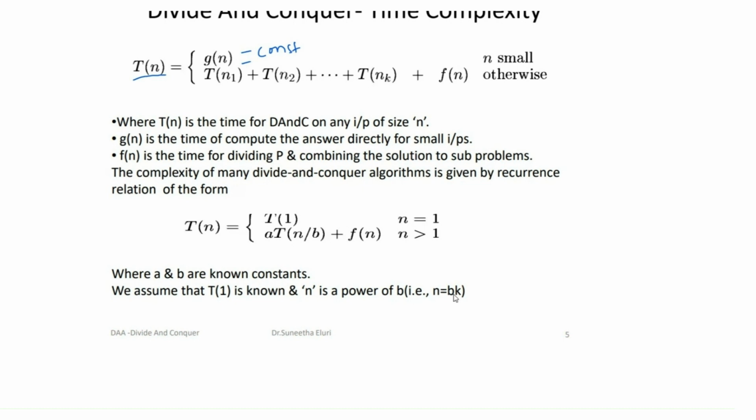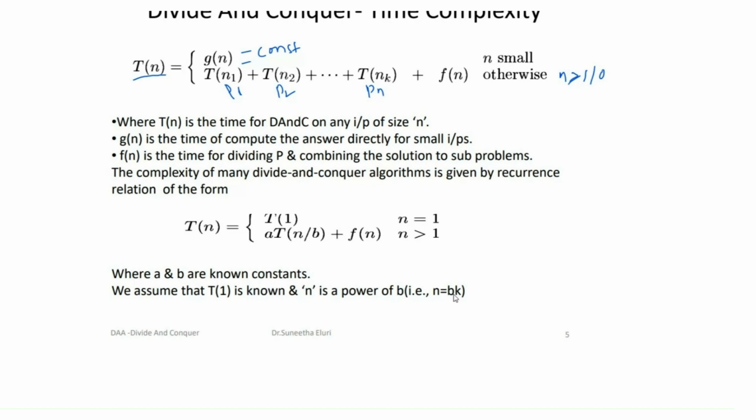If not, if n is large, greater than or equal to 1, or sometimes it may be 0, then in such a case, the time required to solve the subproblem P1 of size n1 and P2 of size n2, and the time required to solve the subproblem Pn of size n.